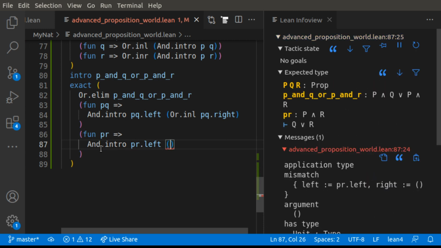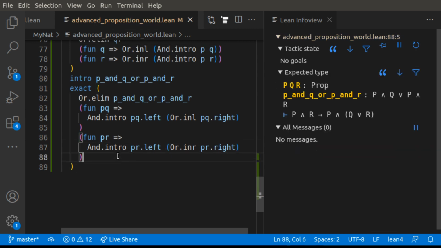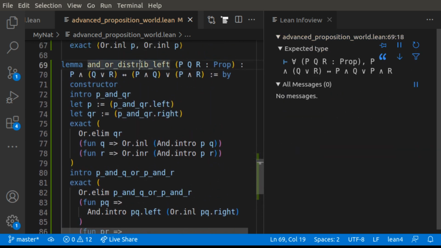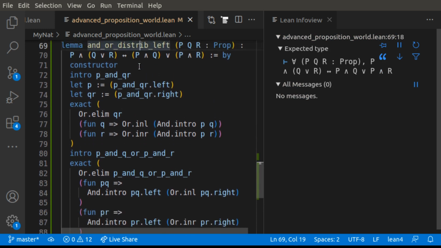Now I want Q or R. We have R, so or dot INR, P R dot right. Wow, okay. So with that pretty big proof, we have and or distribute on the left side.